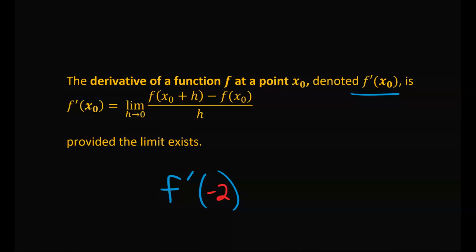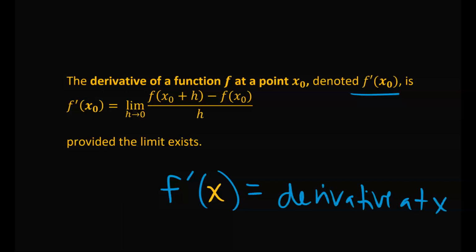But it's going to be much more useful for us not to just find the derivative at a point and then another point and then another point, but to define a function whose input is any value in the function's domain and whose output is the derivative at that point, the derivative at x.